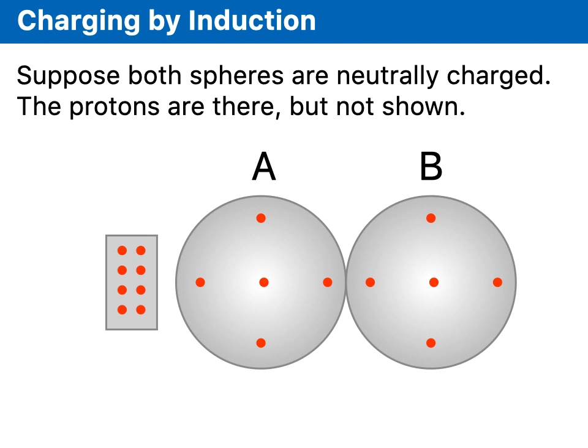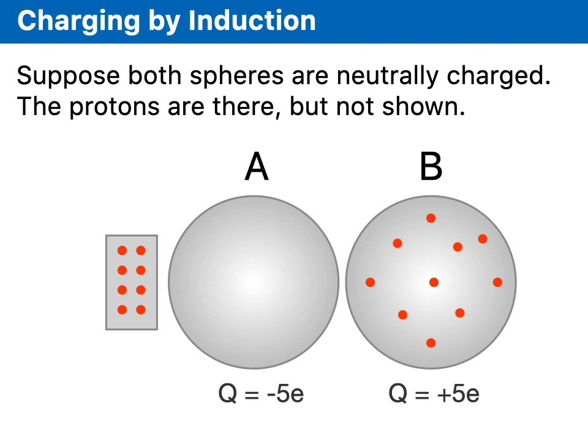What's going to happen is that charged object we brought near is going to repel all those electrons in sphere A into sphere B. So since sphere A lost those electrons, not really lost, charge is always conserved, it just went to sphere B. What we can say is those 5 electrons went to sphere B. So sphere A has negative 5e, and since sphere B gained electrons, it's plus 5e. So that is an example of charging by induction. It doesn't actually need to touch.